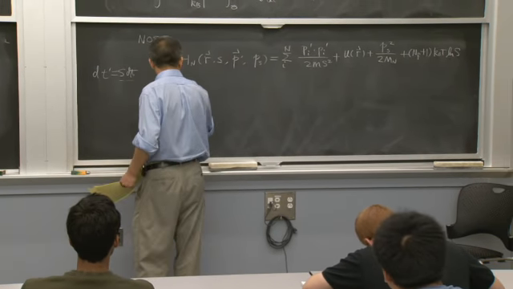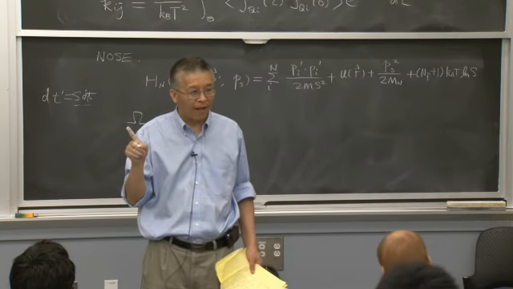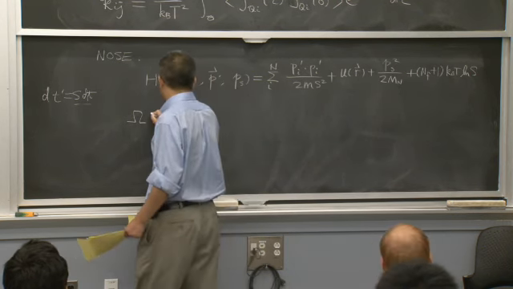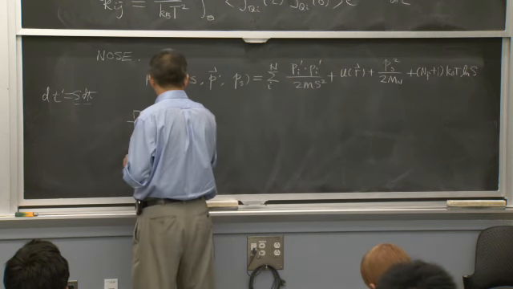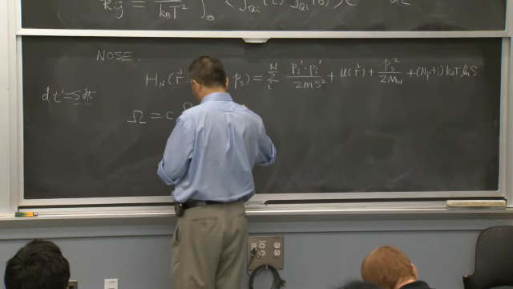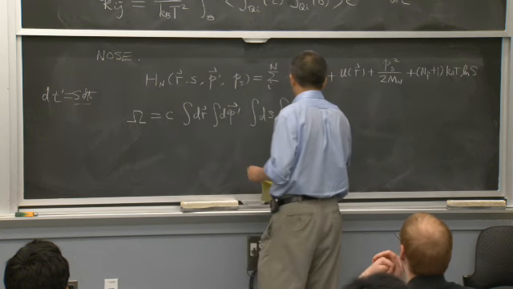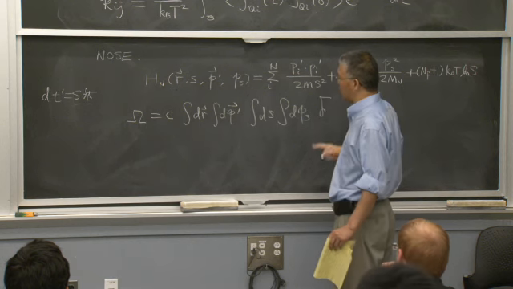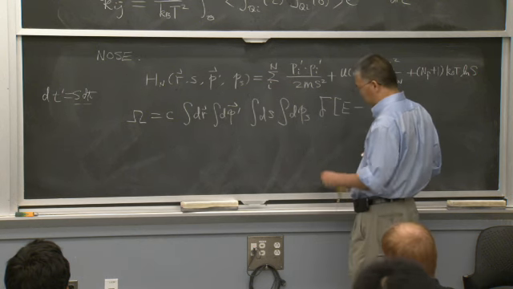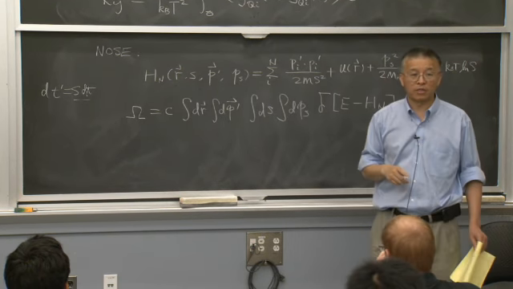The way you prove it in a microcanonical ensemble: you remember the entropy is k log omega, and omega is the number of states. The number of states is really just the integral of dr dp prime, and now I have extra ds dps. This counts the number of states, so when the energy of the system is equal to the Hamiltonian, that delta, I have one state.